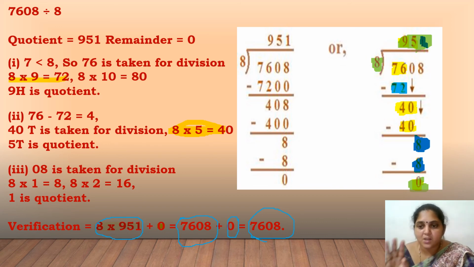You must get 0 as remainder. If you get any number other than 0, the division you have done is wrong. This is how you verify division. Divisor into quotient plus remainder is equal to your question. That is the formula for verification of division.